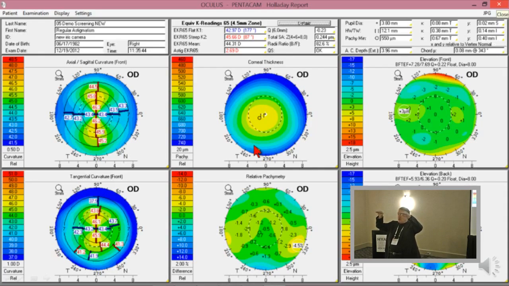The power of the cornea actually dips down and is lower in the dead center of the cornea than it is as you start moving out. That's spherical aberration, basically. So if a person is plano in the center, he starts getting more myopic as you go out to the periphery.